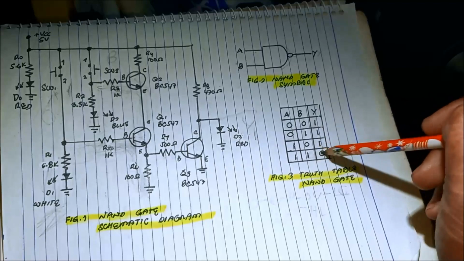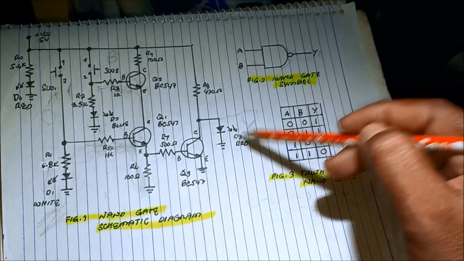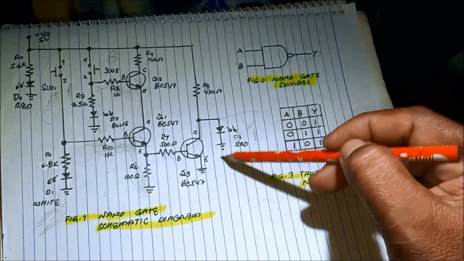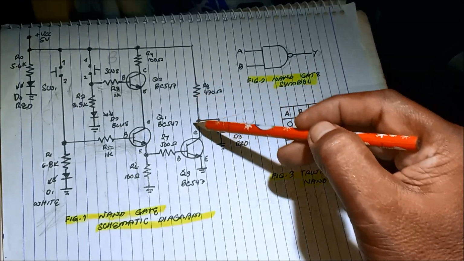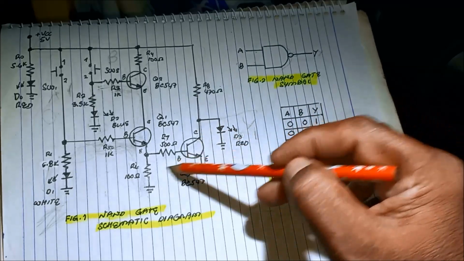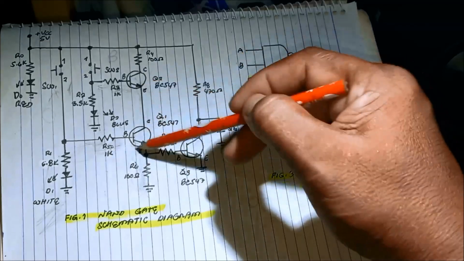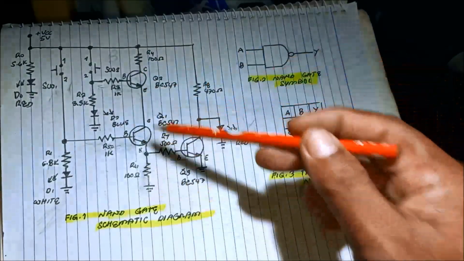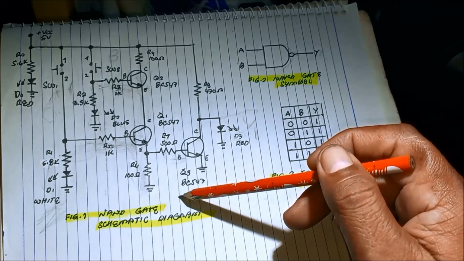That's why we have 0, or low level, or off, grounded, no voltage, because all the current flows from collector to emitter, as we now have the base current due to the two transistors being active.